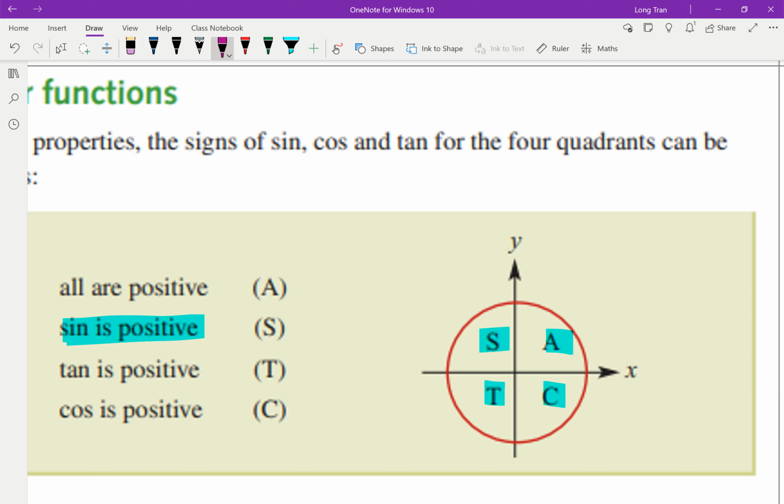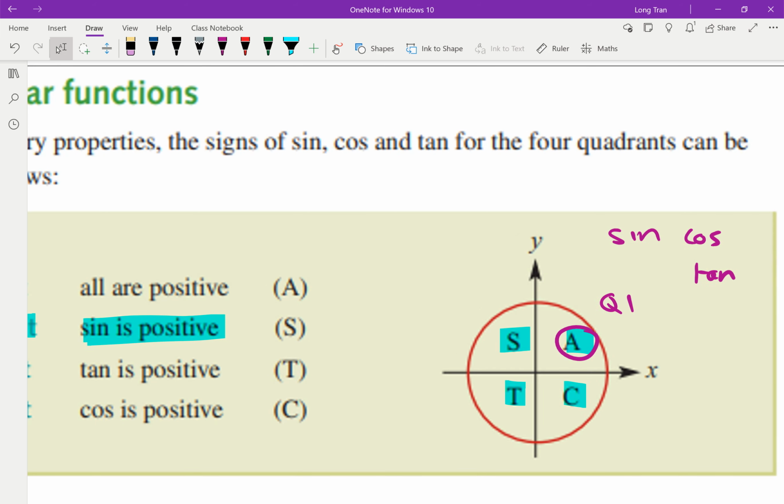This essentially is saying that in quadrant 1, it says A because all functions are positive, so sine, cos, and tan. I haven't talked much about tan, I'll talk about tan much later. But we can see that sine is positive again, and it's called the S region because only sine is positive in the second quadrant.